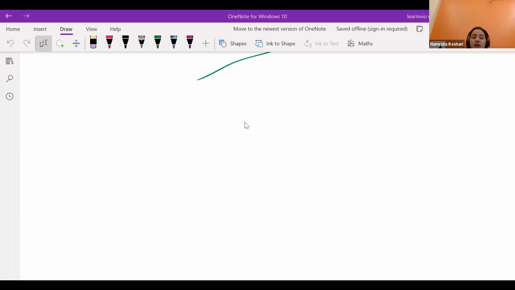I'm writing the theorem now. If you want, you have to note it down also. Okay.